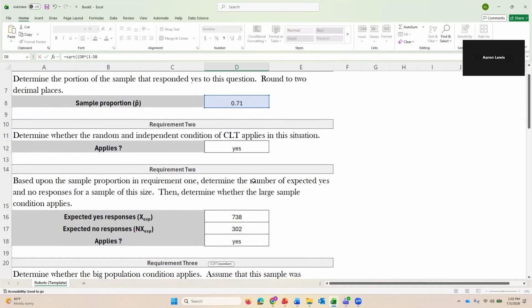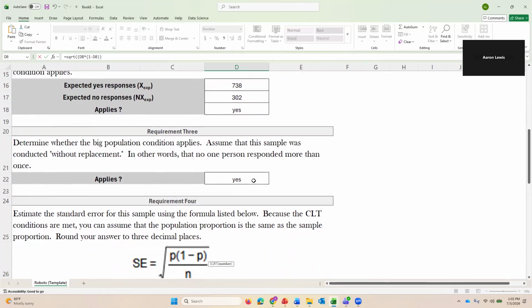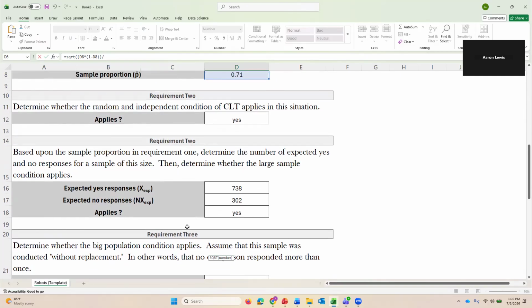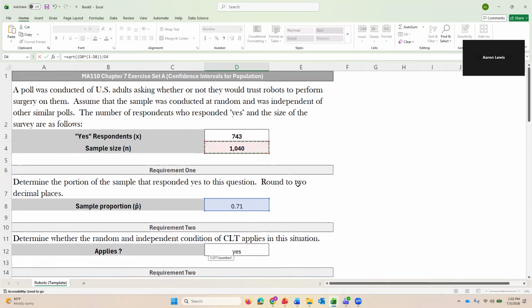Close those two parentheses, and that is the numerator, the fraction inside of our square root over here: P times 1 minus P. Now I just need to divide by our n, which was the size of our sample, which going up to the top was 1,040.